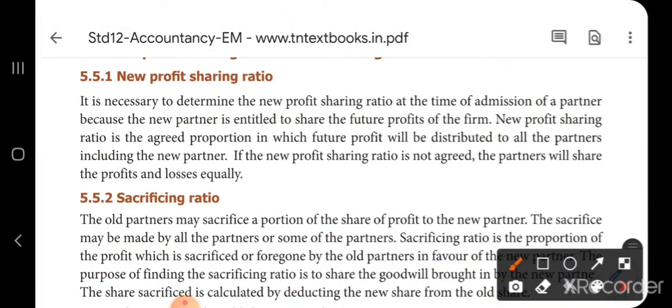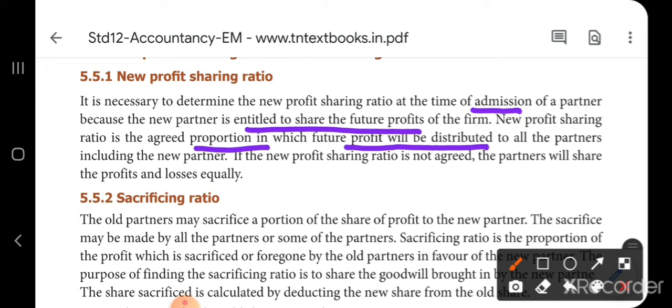It is necessary to determine the new profit sharing ratio at the time of admission of the partner because the new partner is entitled to the share of future profits of the firm. New profit sharing ratio is the agreed proportion in which future profits will be distributed. So it is a proportion in which the profits of the future will be distributed to all the partners, including the new partner.